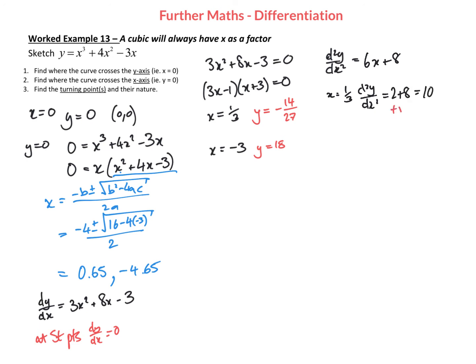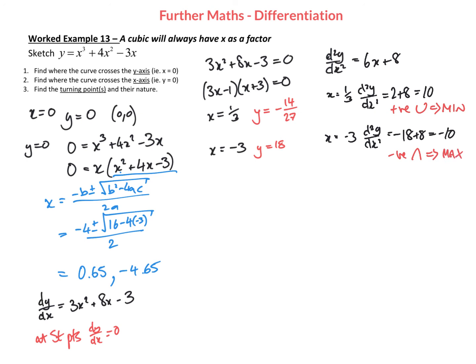That's a positive value, happy face, which implies a minimum turning point. When we put x equals minus 3 into this, minus 3 times 6 is minus 18, plus 8 is negative 10. And so that's a negative value, unhappy face, that implies a maximum stationary point.